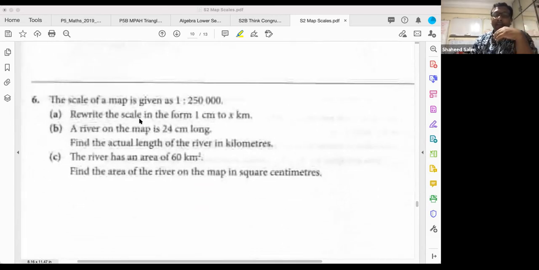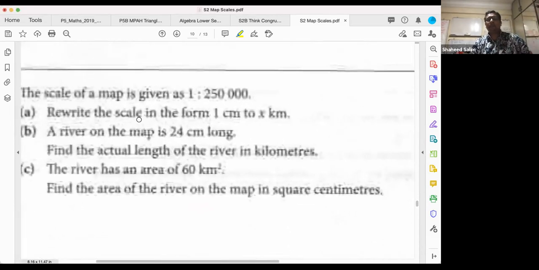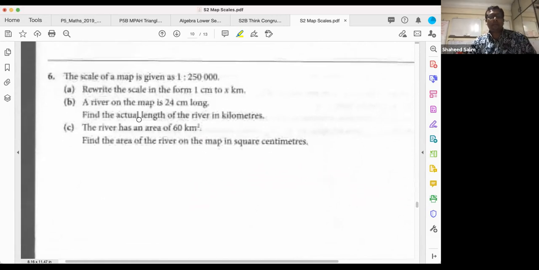Okay, you try question number 6. Okay, I think I need to scan this one again next time. But for now, you can see, the scale of a map is given as 1 to 250,000. If you memorize the number, you know how many km this is.